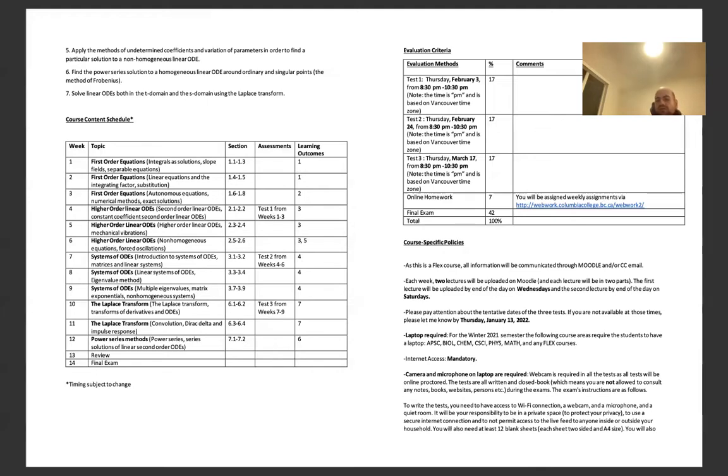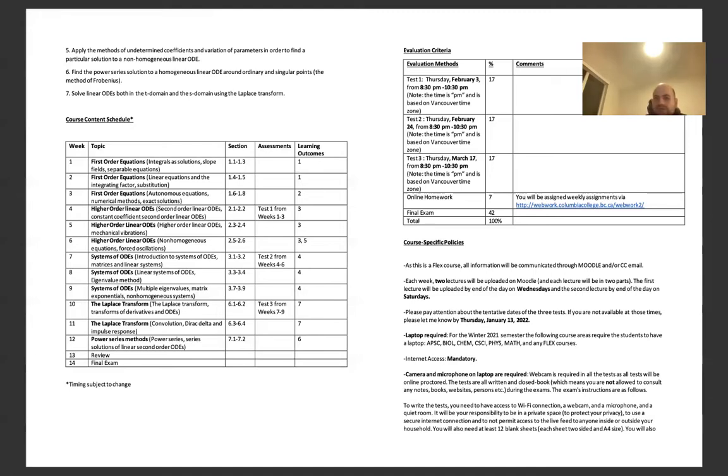Please try to accommodate as much as you can so that we can fix these dates and times for our tests. But if there is absolutely no way that you can accommodate, then you have to let me know by Thursday, January 13, which date and time does not work for you.